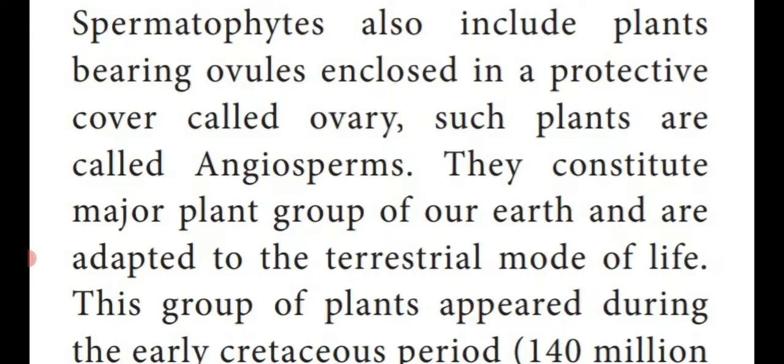In this plant group we are unable to see the seeds with our naked eye because they are of closed type. They are located within the ovary. Only after breaking the ovary wall can we see the seed. But in gymnosperm plants we can see the seeds or ovules directly on the plant.